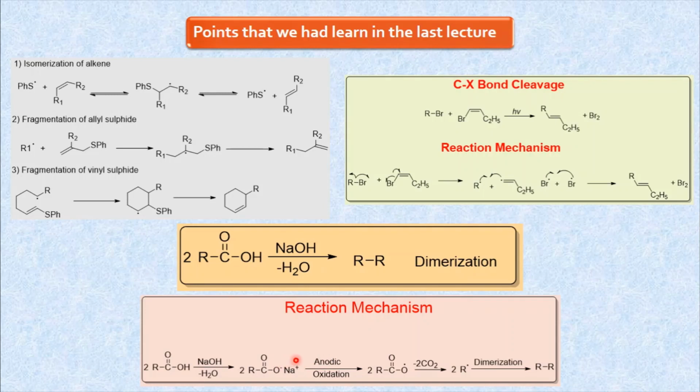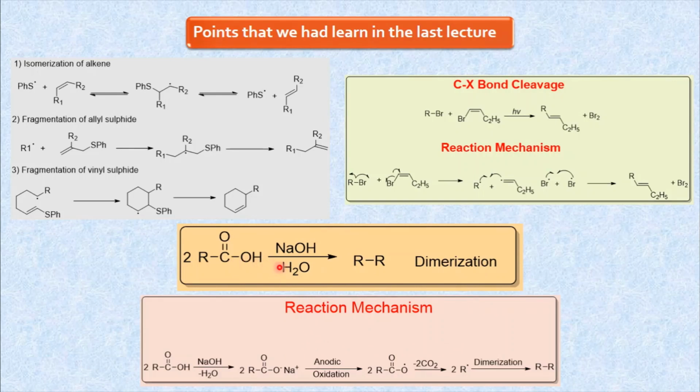It loses one electron and converts to radical. Then the decarboxylation reaction takes place, loss of CO2. You will get two R radicals. Then the dimerization of these two R radicals takes place, and you will get this product. So this is the simple general mechanism of this oxidative coupling reaction.